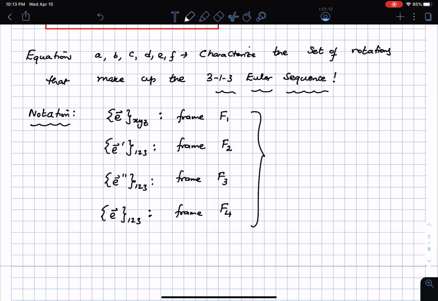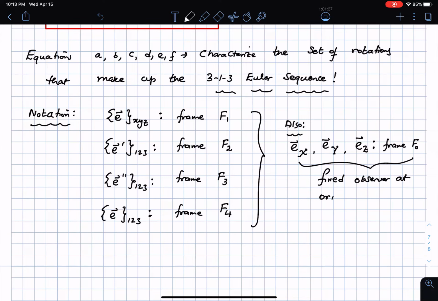And then E capital X, E capital Y, E capital Z is frame F0. This is a fixed observer at the origin of this frame. See the figure on page 1.